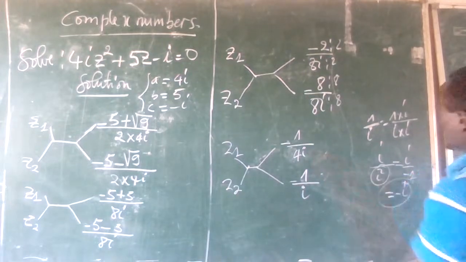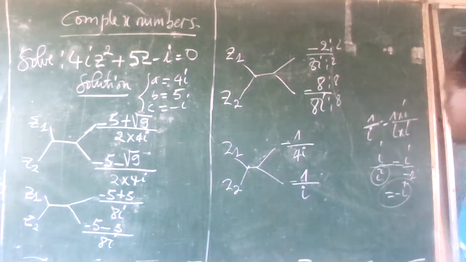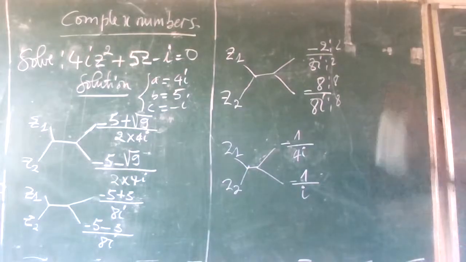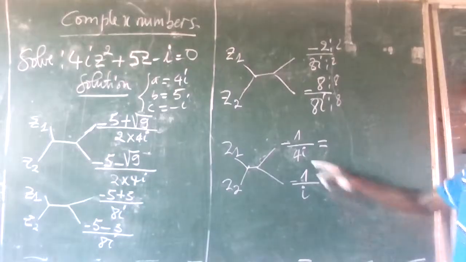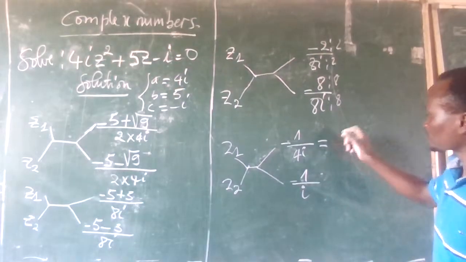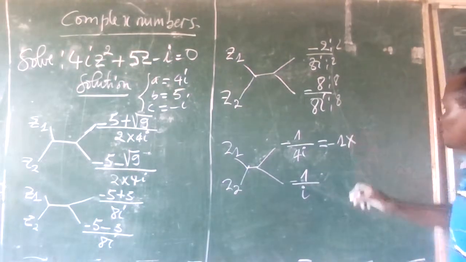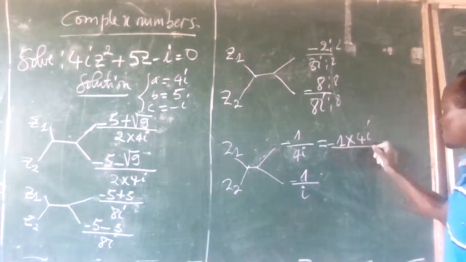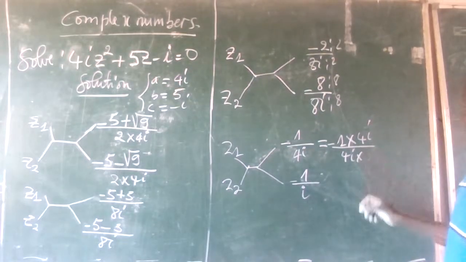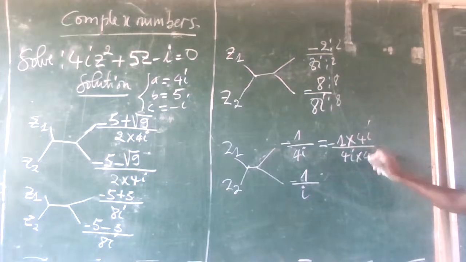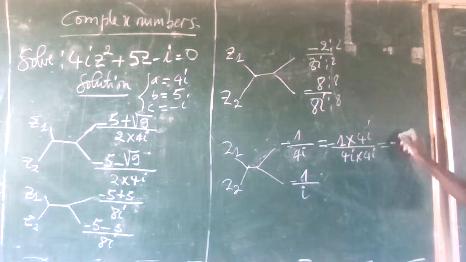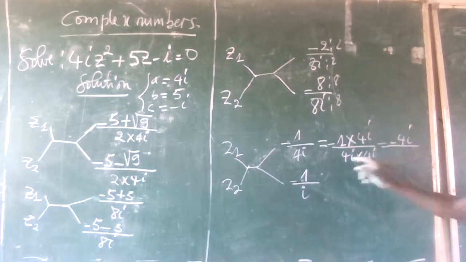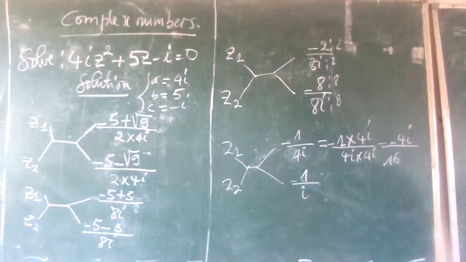That is what we are going to apply to this one. We are going to conjugate this. Then finally we still have minus 1 times 4i over 4i times its conjugate. Now we really have minus 4i over, this is 16, right? 16i square.